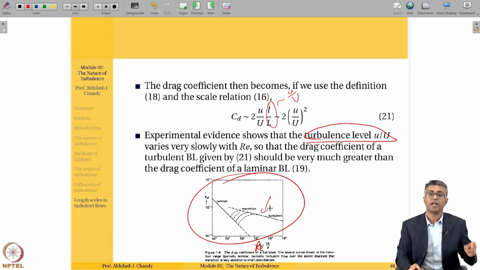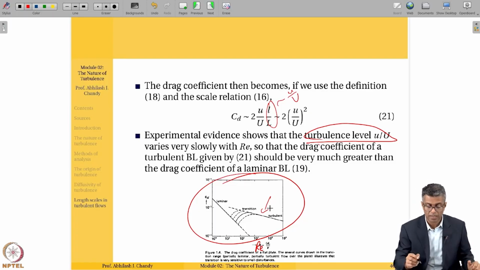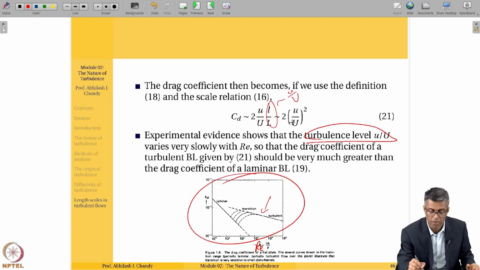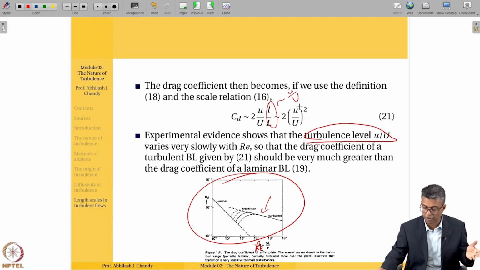That's one thing. The other point from this figure is that the drag coefficient in a turbulent flow is much larger than what you see in laminar flow. And that is expected. This ratio here is compared to what you would have in a laminar flow.